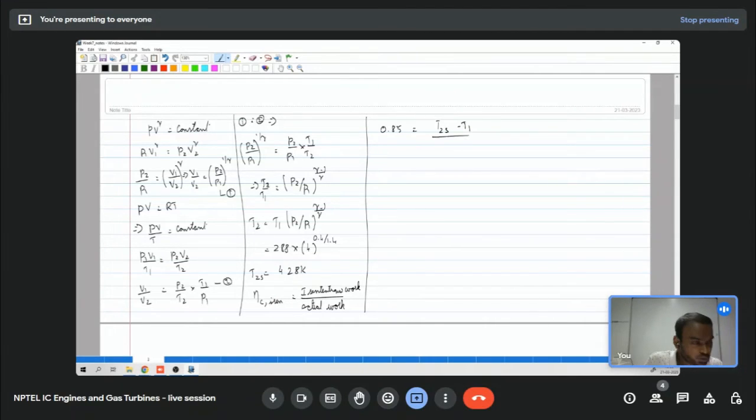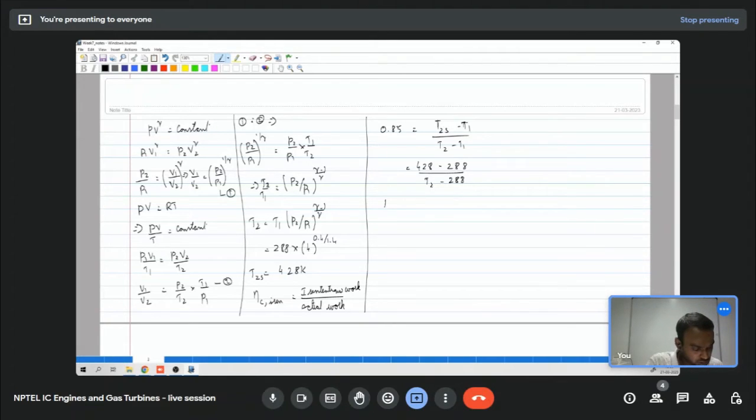So here we generally write in terms of enthalpy, since we take Cp as constant and Cp gets cancelled out, we will have only T left over. Now T2s is 428 Kelvin, minus T1 which is 288 Kelvin, and T2 is unknown, minus 288.